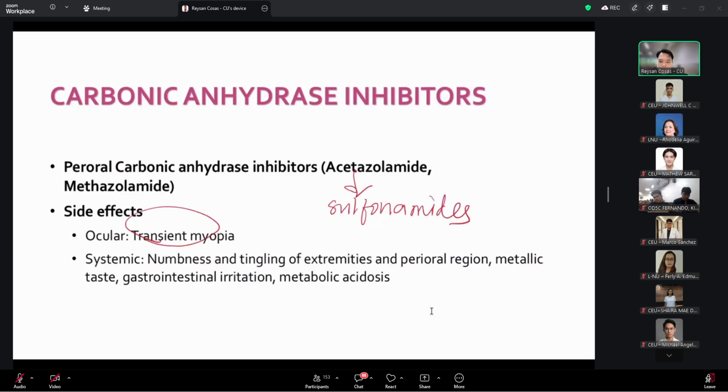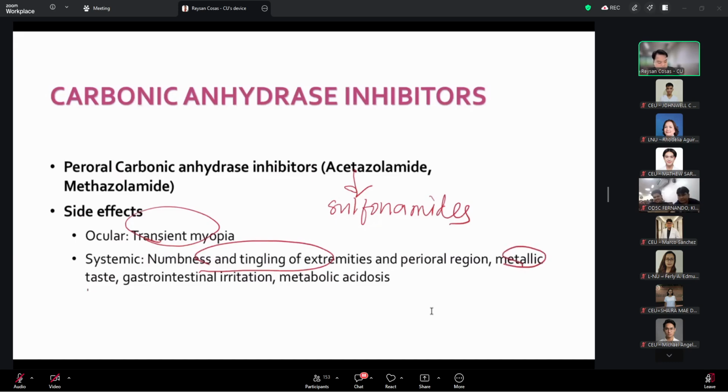Ayan. Ano pa? How about for the systemic? We have numbness and tingling of the extremities, like your finger, your toes. Okay? Yun yung mga nag-numb. Okay? Also, nagkakaroon ng metallic taste. Yeah, metallic taste.